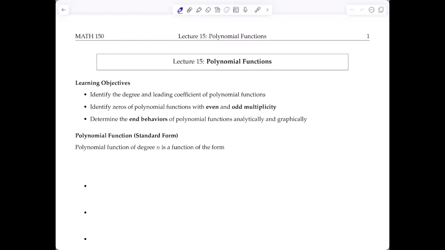Identify the zeros of polynomial functions with even and odd multiplicity. Sometimes the graph of the function crosses the x-axis, sometimes the graph touches the x-axis. It means something, and it will tell you the even or odd multiplicity. Again, determine the end behaviors of polynomial functions analytically and graphically.